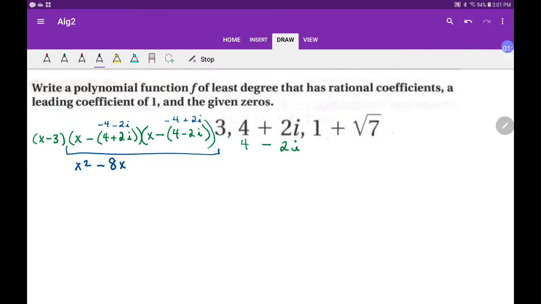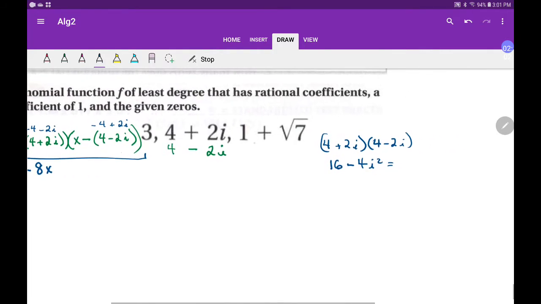Okay? And then let me do something off to the side, because now I have to multiply these two last terms together. So I'm going to say 4 plus 2i times 4 minus 2i, and see what I get there. I'm going to get 16, 4 times 4. I know that my middle term isn't going to count because they're conjugates, and then I'm going to have positive 2i times negative 2i, which is negative 4i squared. 2 times 2 is 4, and i times i is i squared.